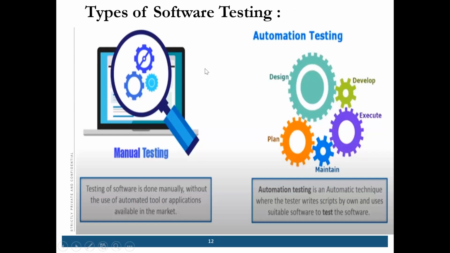So what are the types of software testing? Mainly, we do manual testing or automation testing. In manual testing, we write the test cases manually. You should know how to write a test case manually also, because you cannot test everything with automation.